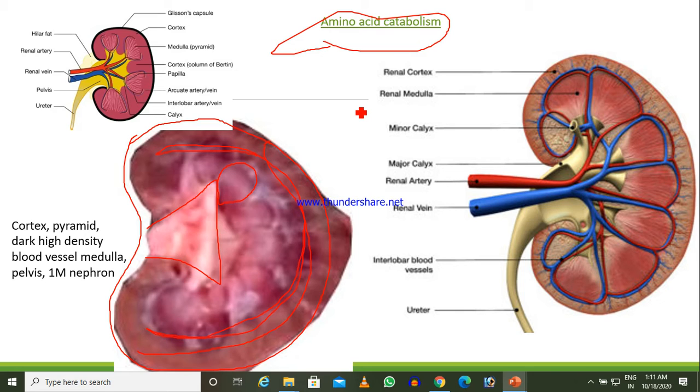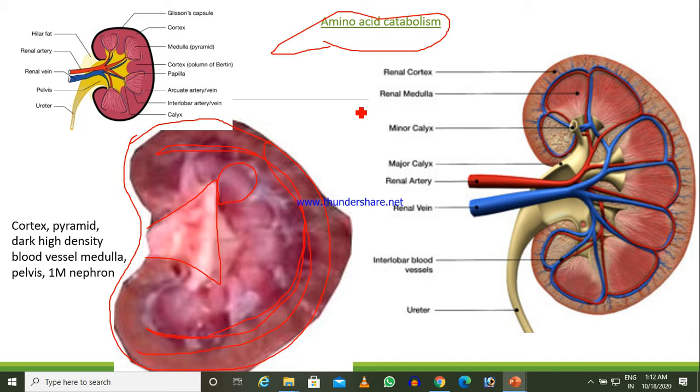This ammonia comes to our liver, where there is a big cycle called the ornithine cycle. People who are interested in the ornithine cycle, it's a chemical reaction, can refer to any physiology book to understand it. In the ornithine cycle, the ammonia is converted into urea.